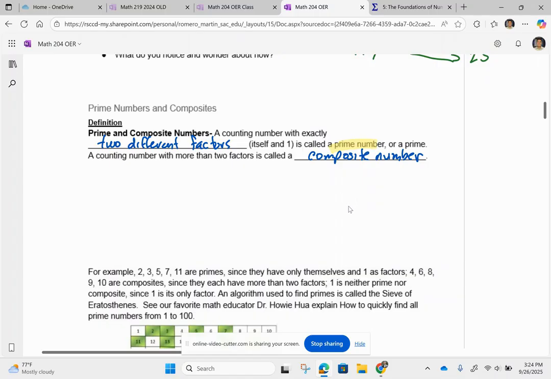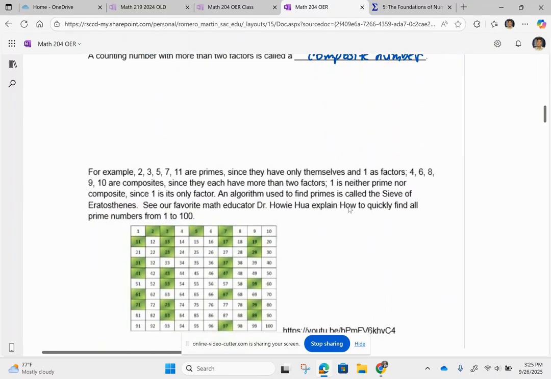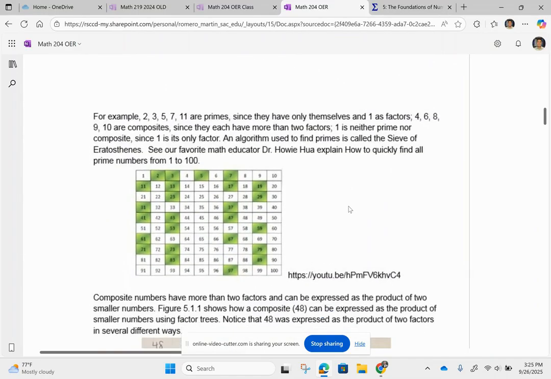And then if it's not a prime number, we think about a composite number, which is a counting number with more than 2 factors, and that's called a composite number. Remember, these factors are the numbers we use to multiply together to get a product, right? So the factors of 6 are 1, 2, 3, and 6. 1 times 6, 2 times 3, and so forth.